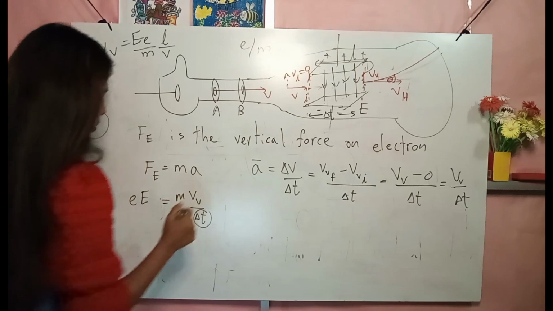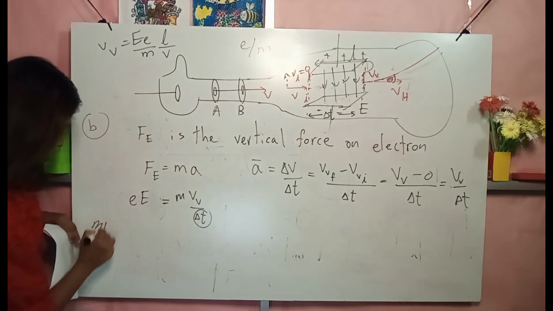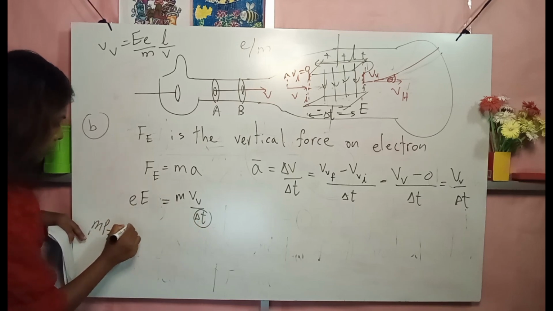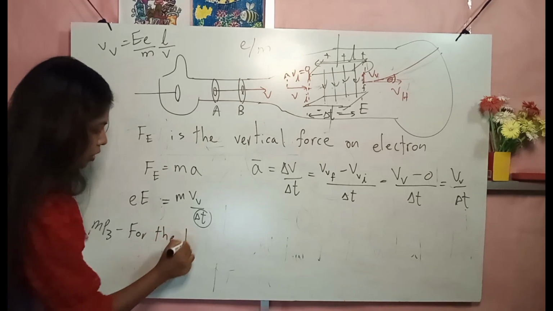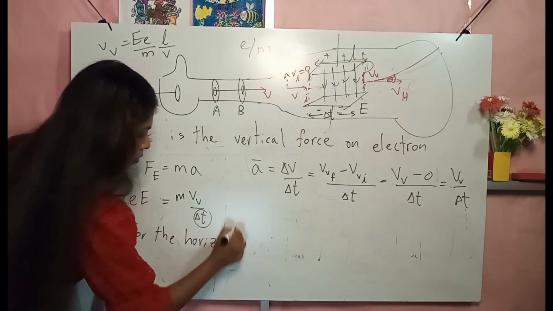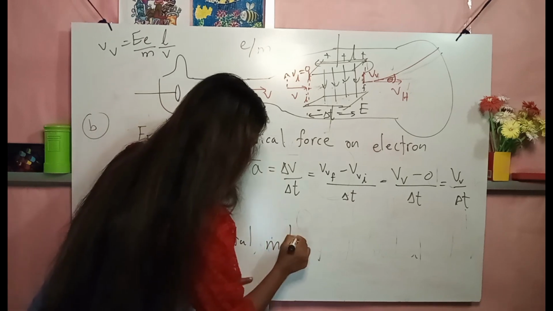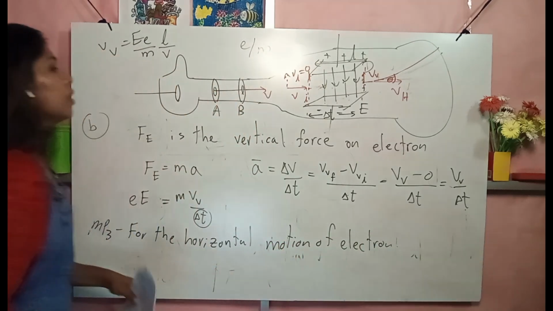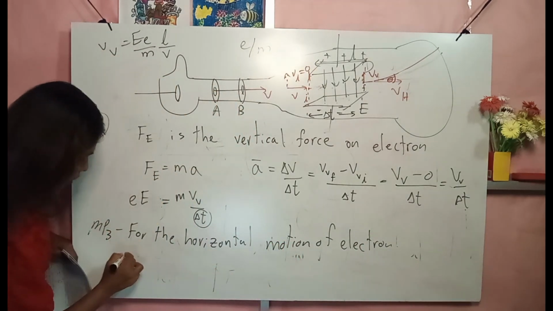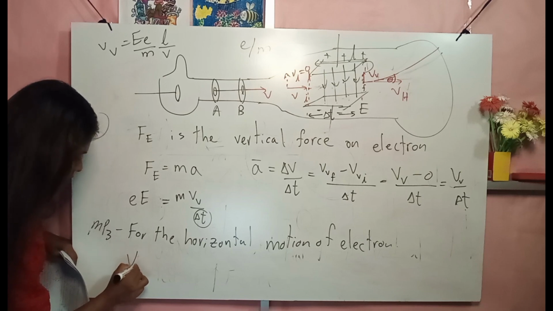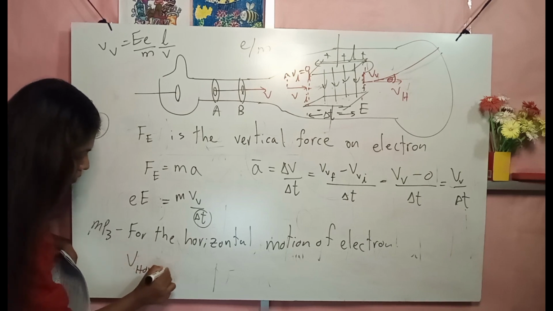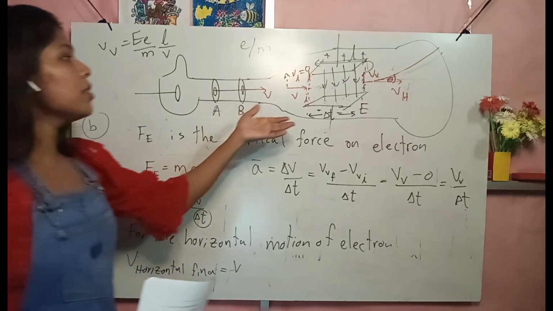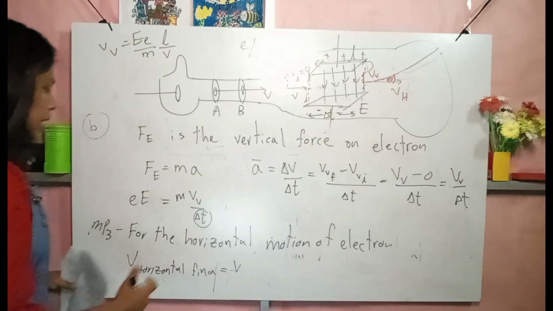For the horizontal motion, as the key point 3, we can find a relationship for delta T. For the horizontal motion of the electron, the final horizontal velocity equals V, because there is no acceleration in the horizontal direction.